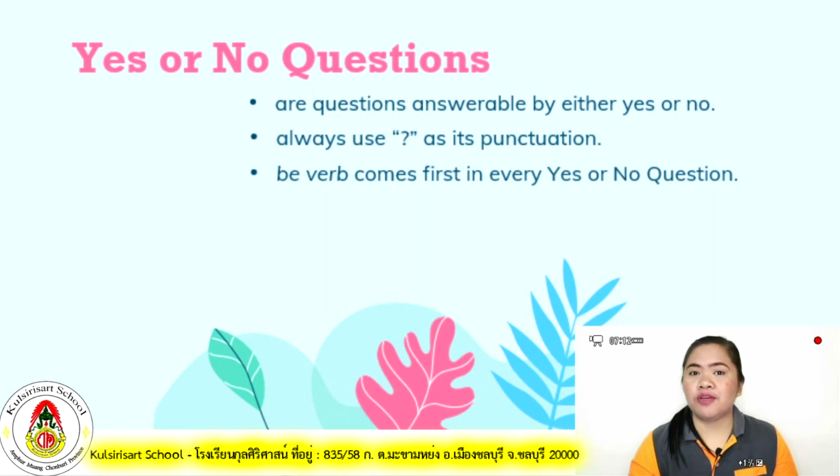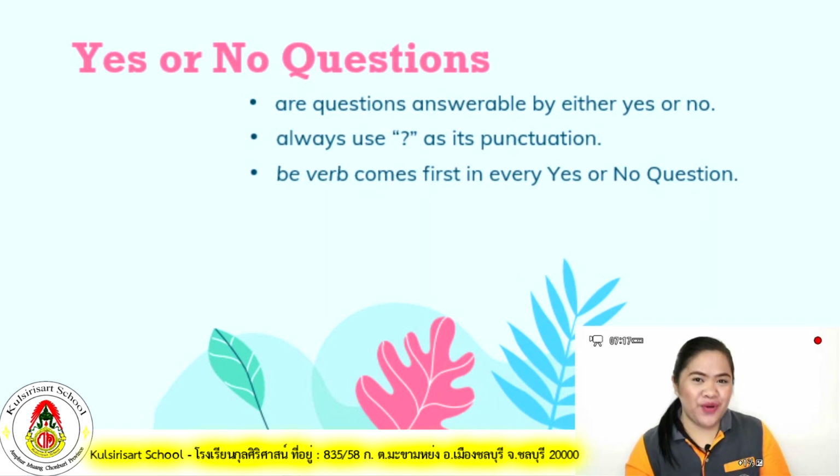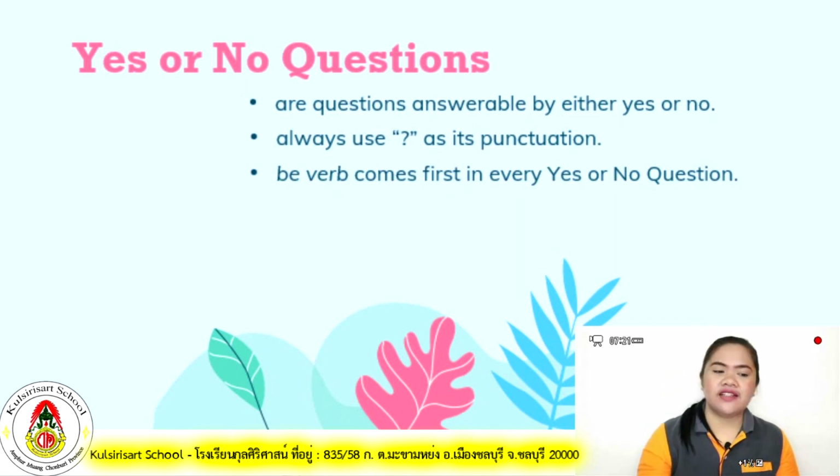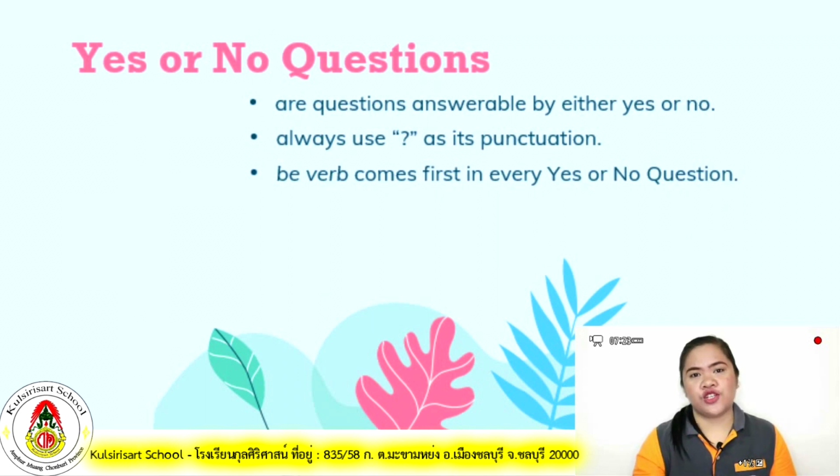And when we talk about punctuation, it is the symbol that we are going to use at the end of the sentence. Which means that when you talk about yes or no questions, we always put or write question mark at the end. So now let's proceed to the third definition.